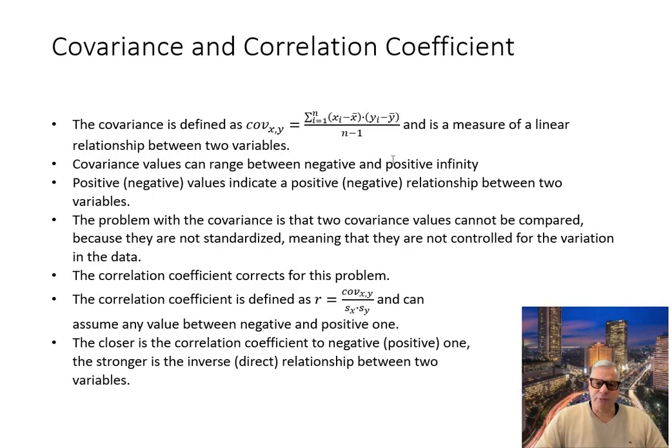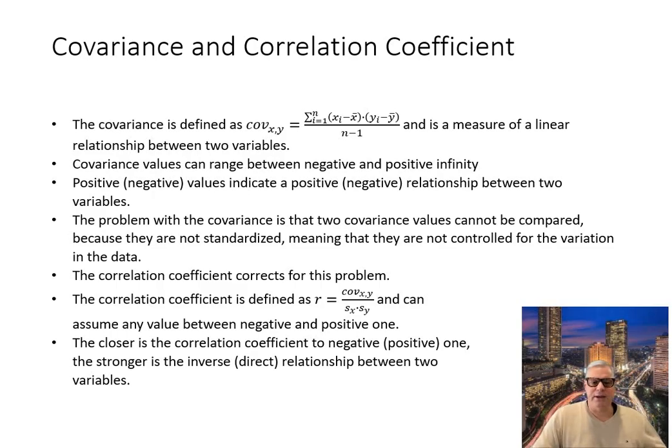And so the covariance can range between negative and positive infinity. Positive values indicate a positive relationship between two variables, and negative values indicate an inverse or negative relationship between two variables. The problem with the covariance is that two covariance values cannot be compared because they are not standardized, meaning that they are not controlled for the variation in the data.